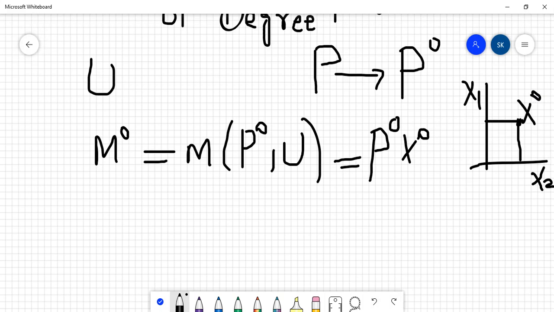Therefore, now this x naught is the expenditure minimizing bundle at p naught prices. That is, therefore, p naught x naught should always be less than or equal to p naught x.